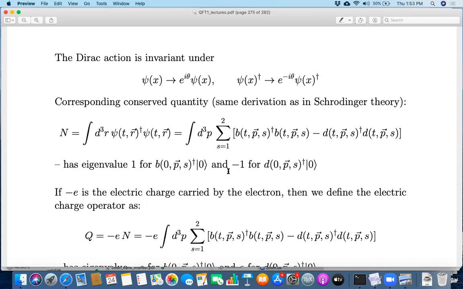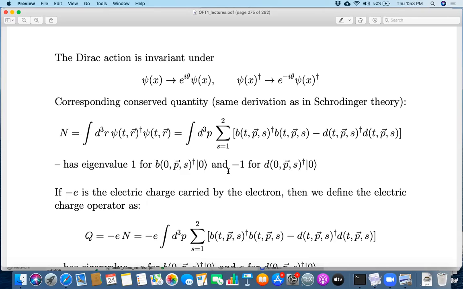Now, how to interpret this charge is of course up to you, depending on what theory you are trying to consider. But our interest will be in the theory of electrons and positrons. So we'll try to interpret this as the electric charge, or as something proportional to electric charge.